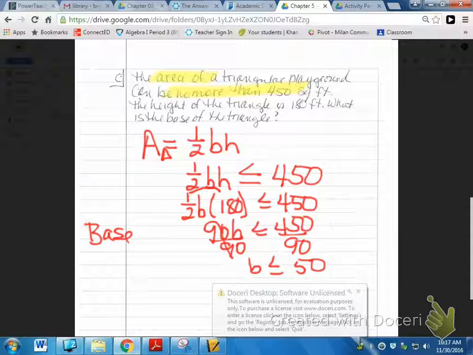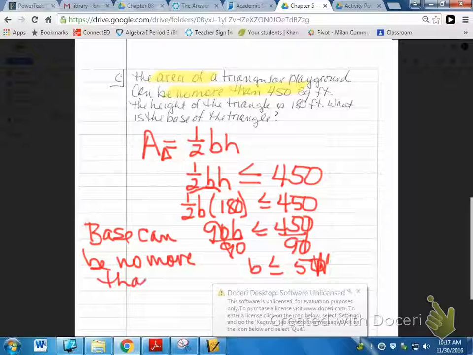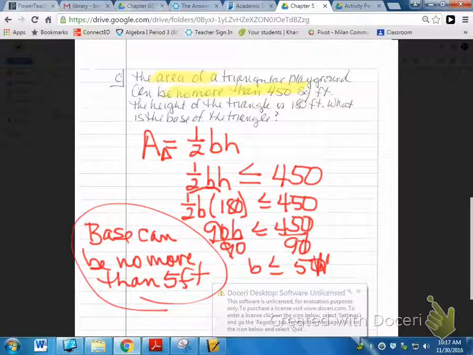The zeros cross out here, that would be 5. So the base can be no more than 5 feet.